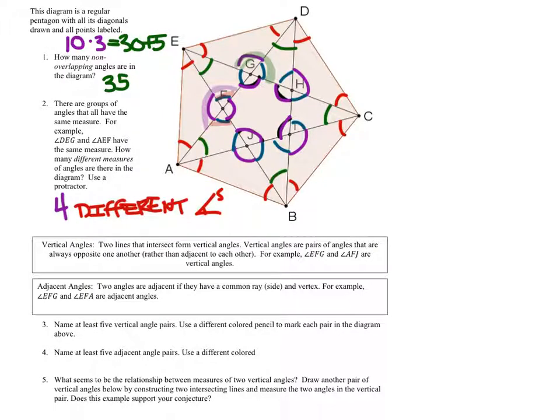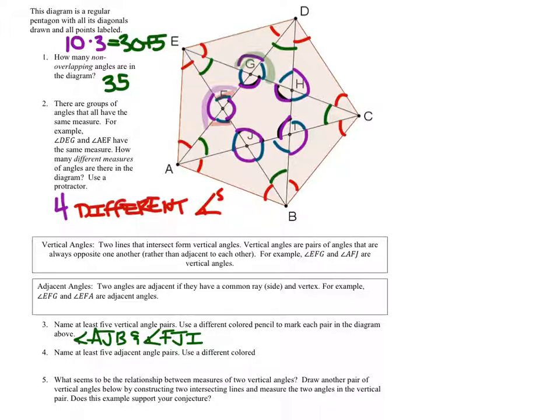So in the diagram, they have at least 5 vertical angle pairs. Use a different colored pencil to mark each pair in the diagram. Let's just name them for now. So what do I got? Let's start with angle AJB and angle FJI. That's a good one.